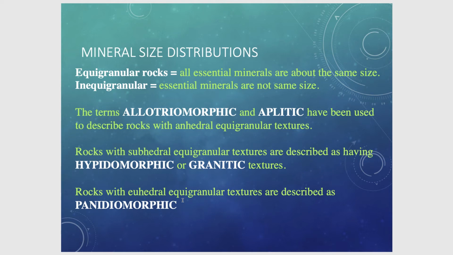There might be cases in which the crystals are partly developed, and so you have a combination of euhedral and also anhedral minerals. And finally, you have the euhedral. Euhedral rocks are panidiomorphic, and so rocks that have equigranular textures that are represented entirely by well crystallized minerals.